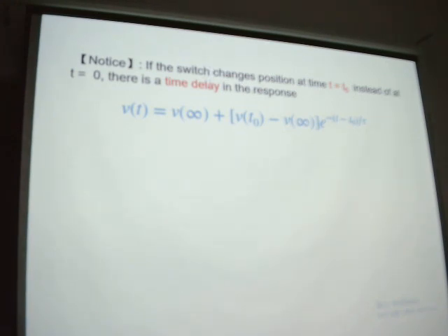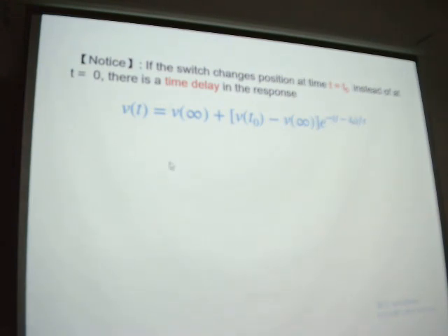If the switch changes position at time t equal to t0 instead of t equal to 0, there is a time delay in the response. If we compare this one with the previous one, we'll find the time delay is here.